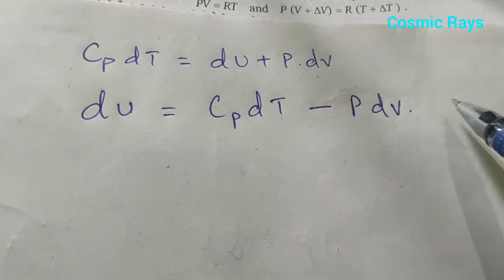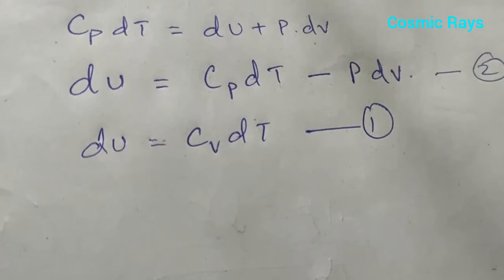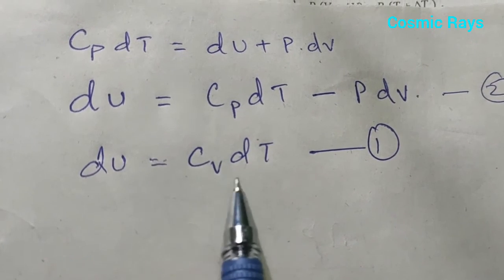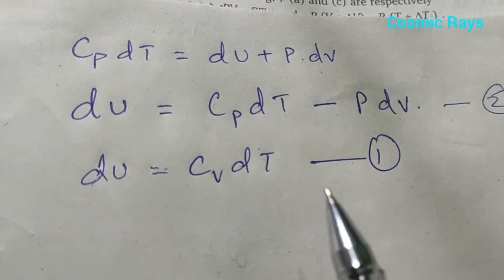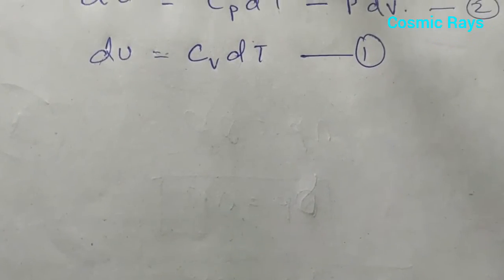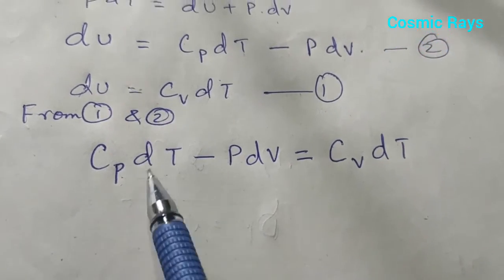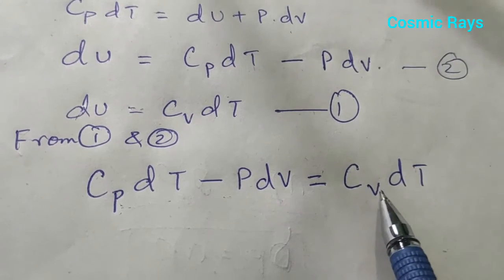Now this becomes our equation 2, and then we had equation 1, du equal to Cv dt. Now both these equations are in terms of du, so we equate the two. We have Cp dt minus P dV, that is equation 2, equal to equation 1, Cv dt.